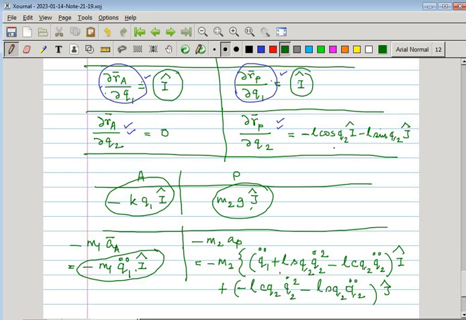And then you go to the second column, and the same process gives you the second equation.